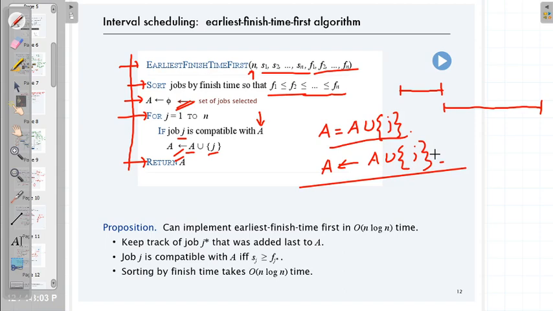Now, we can implement this earliest finish time first algorithm in order of n log n time.